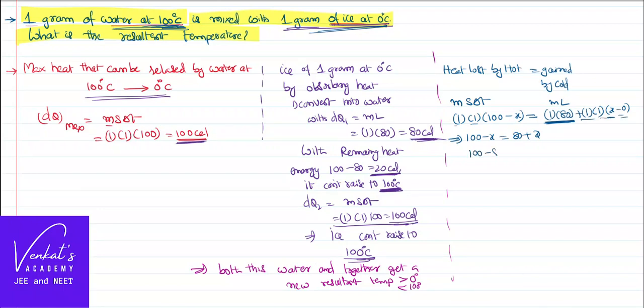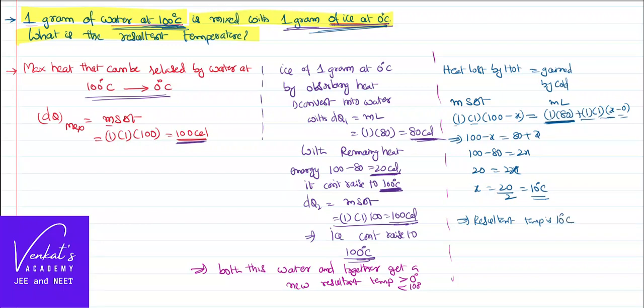So 100 minus 80 equal to 2x. 20 equal to 2x. It implies x equal to 20 by 2, that is 10 degrees centigrade. That implies the resultant temperature is 10 degrees centigrade.